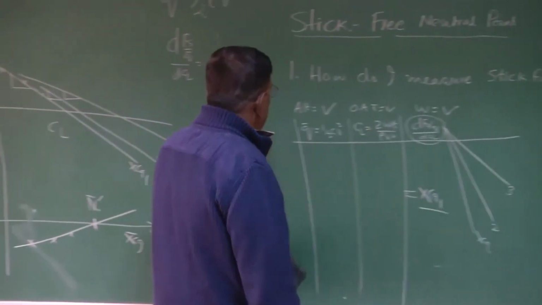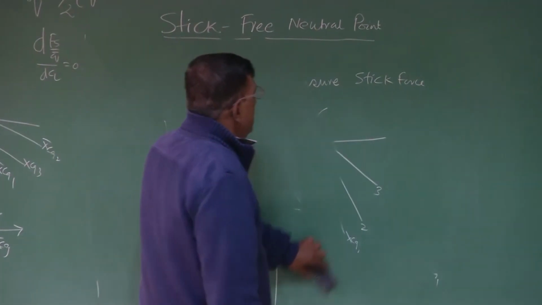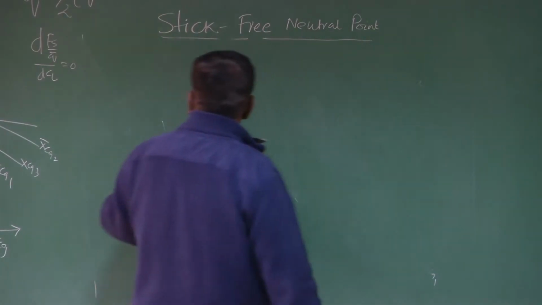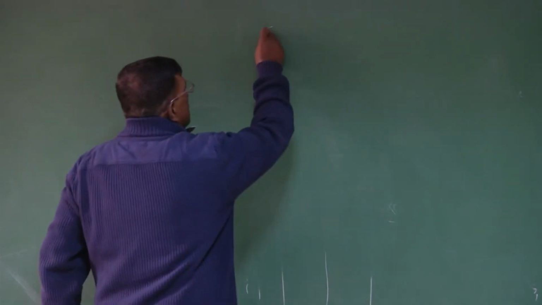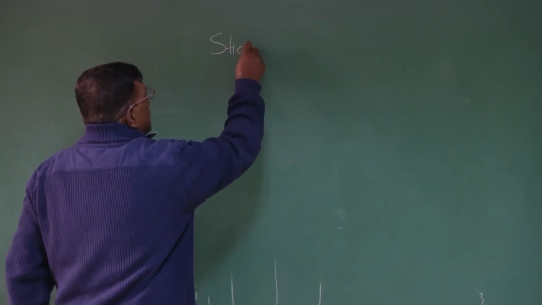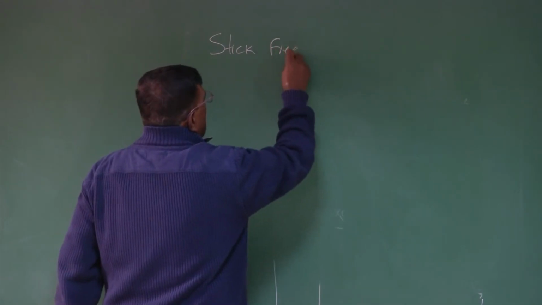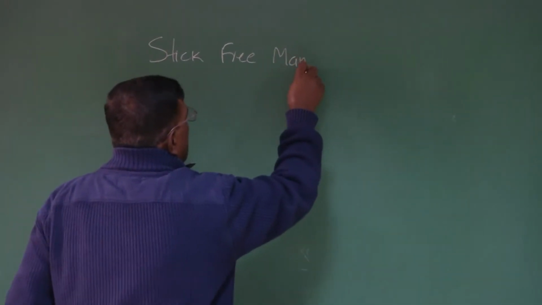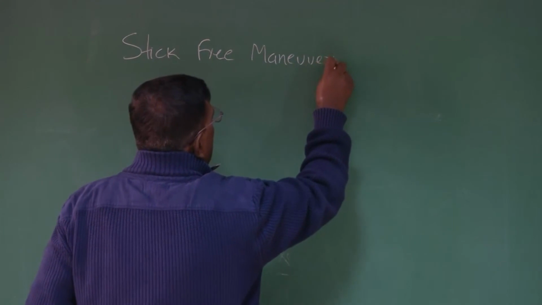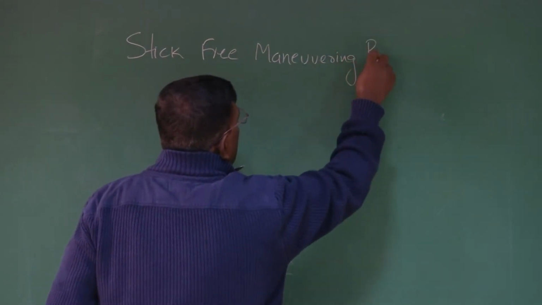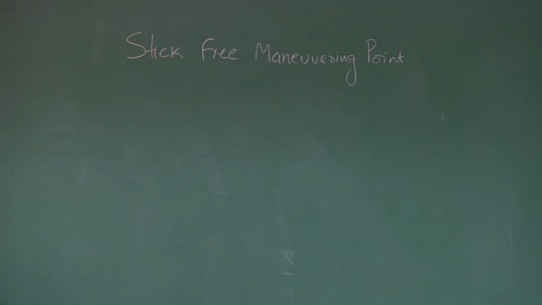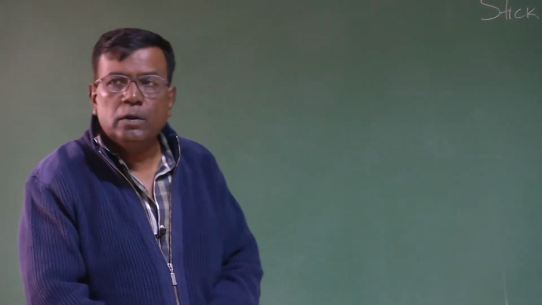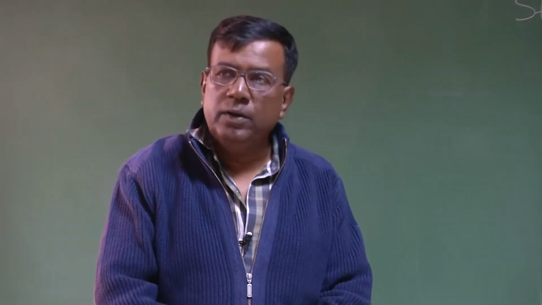Now to end this part, we will also see how to find a stick-free maneuvering point. Neutral point is over. So we will do, like you have a stick-fixed neutral point, you have a stick-free neutral point.